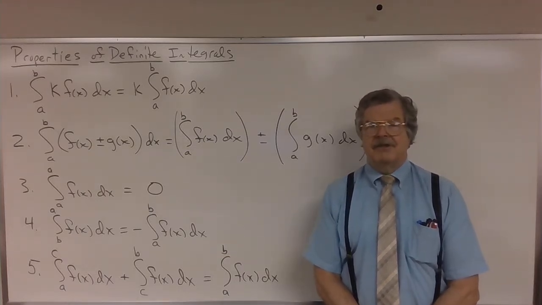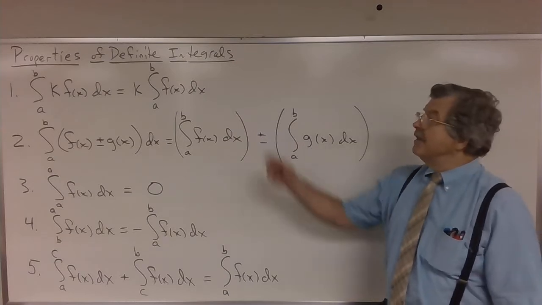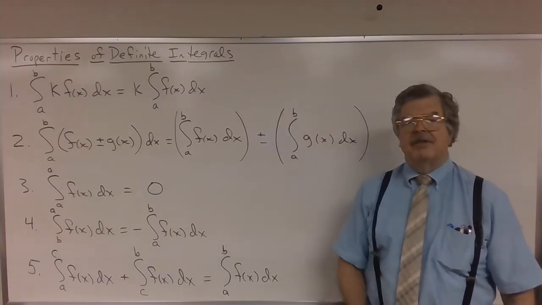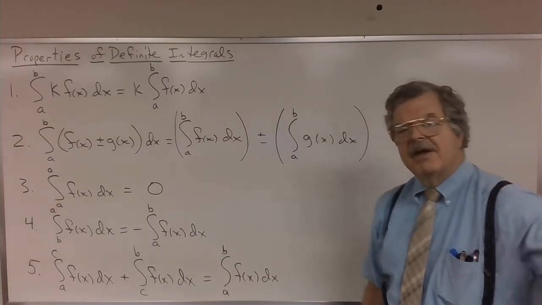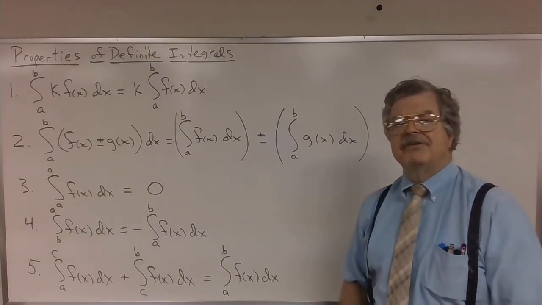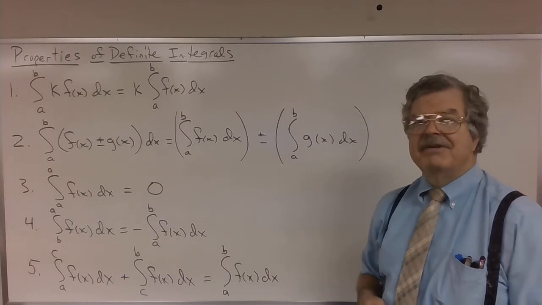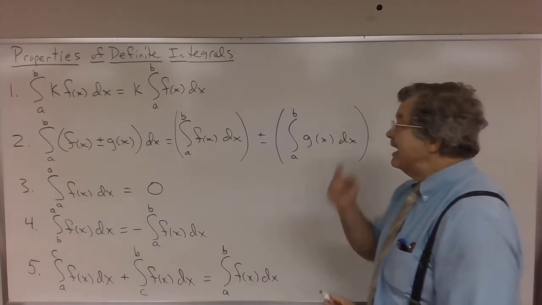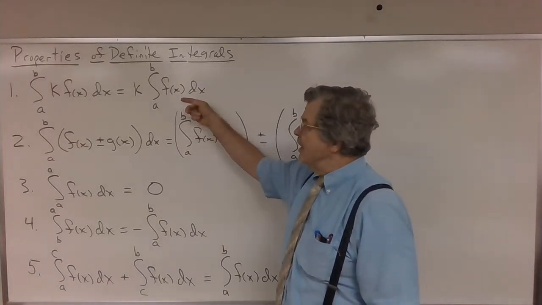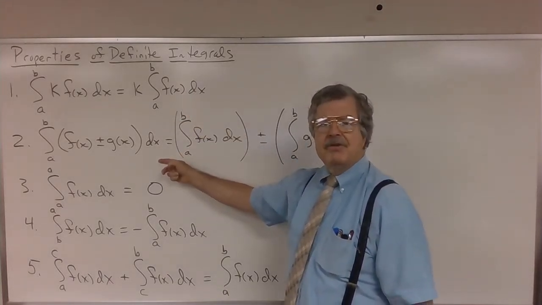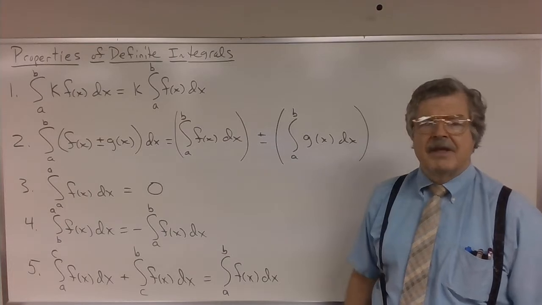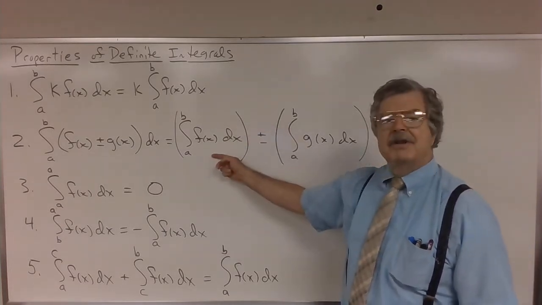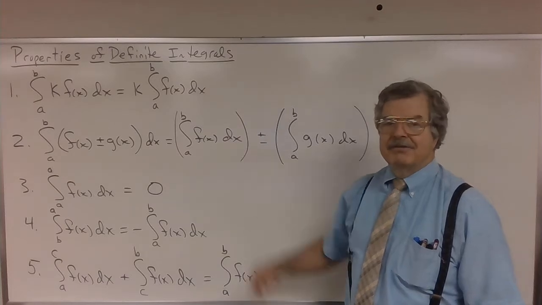The first thing that we're going to look at are properties of definite integrals. Now, in the previous lecture, we saw some properties of indefinite integrals or antiderivatives. And property 1 and property 2 may look familiar, and that's because there are analogous properties with indefinite integrals.